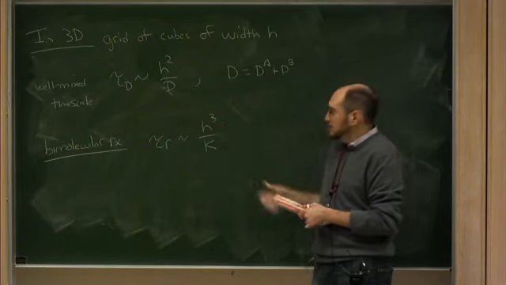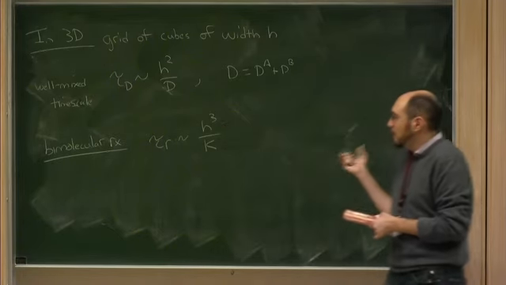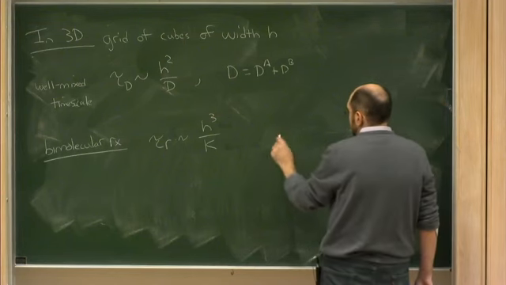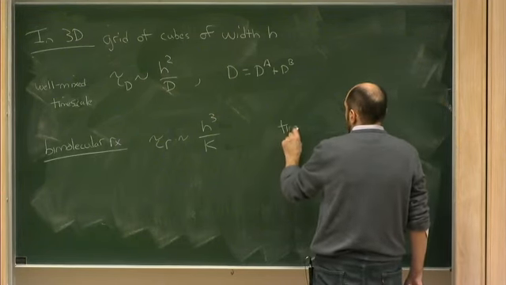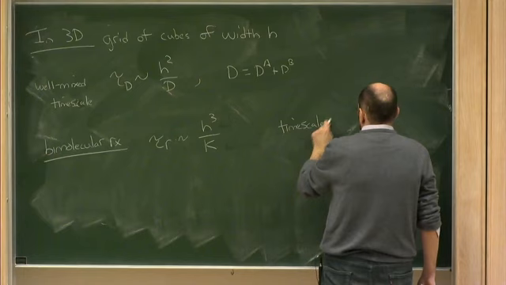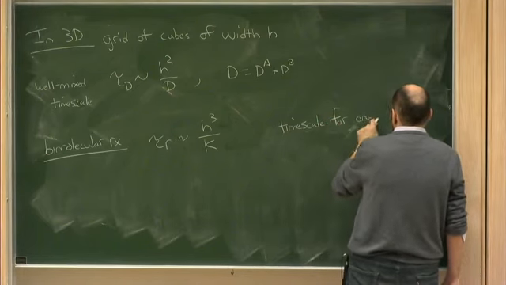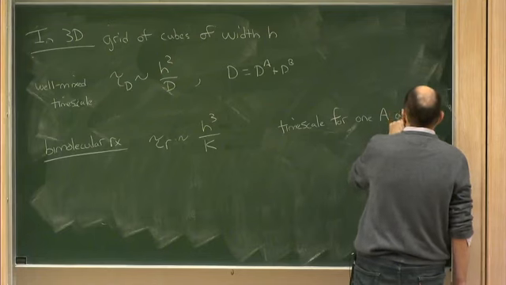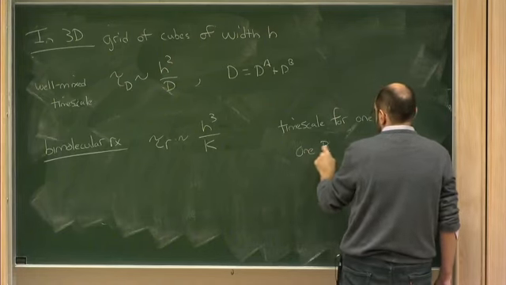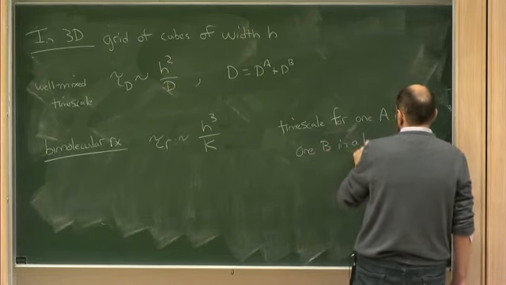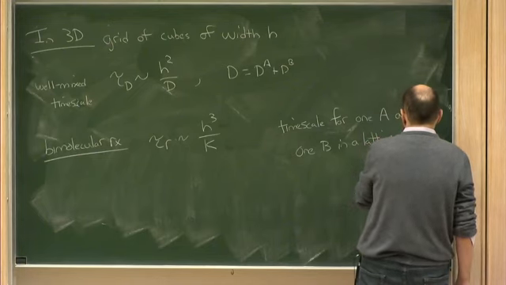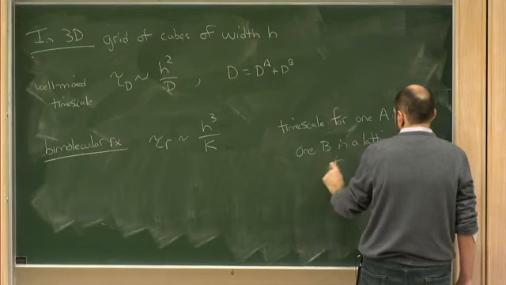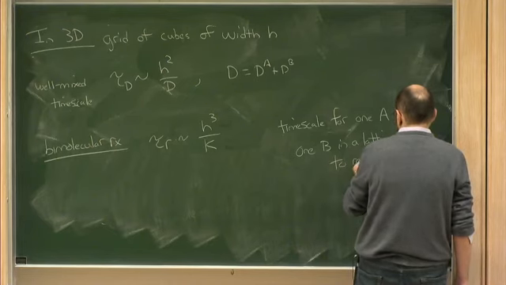So this is the time scale for my well-mixed reaction in one lattice site. So this is the time scale for one A and one B in a lattice site to react.